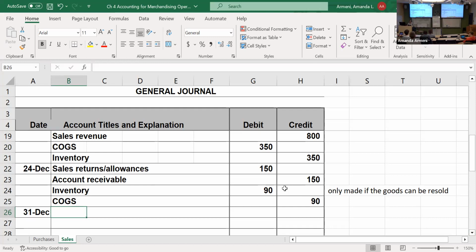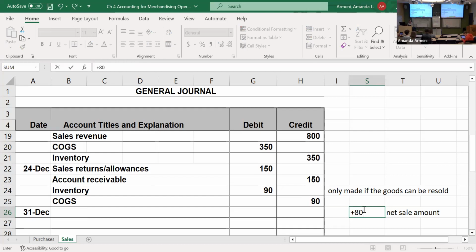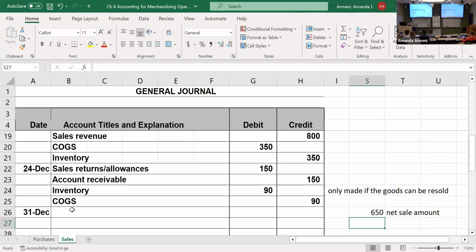Don't say 800. The 800 minus 150, right? What is the net sale amount? If I take $800, that's how much my original sale amount was, and I subtract the return amount of 150, the total amount of cash that I'm actually going to get in my pocket is only $650. Only $650.